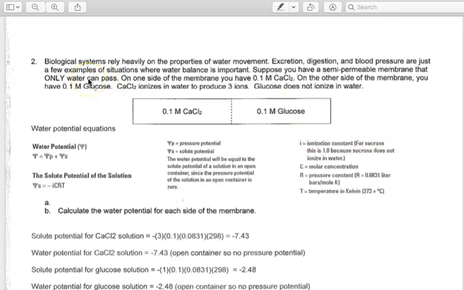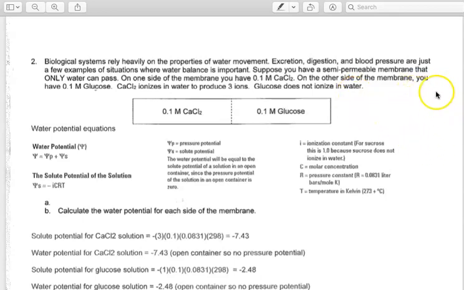So since water potential decreases with the amount of solute, the side of the solution that contains more solutes is going to have less water potential than the side of the solution that contains less solutes. So in this case, the glucose solution is going to contain less solutes than the calcium chloride solution.